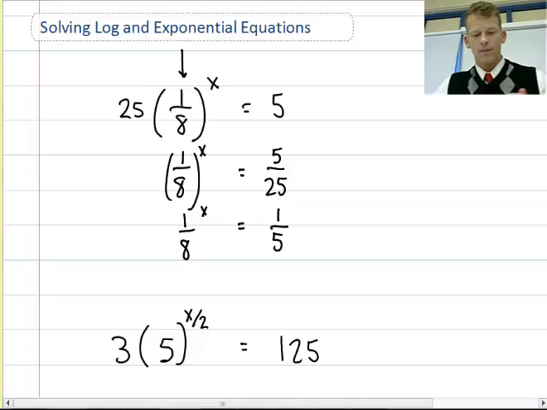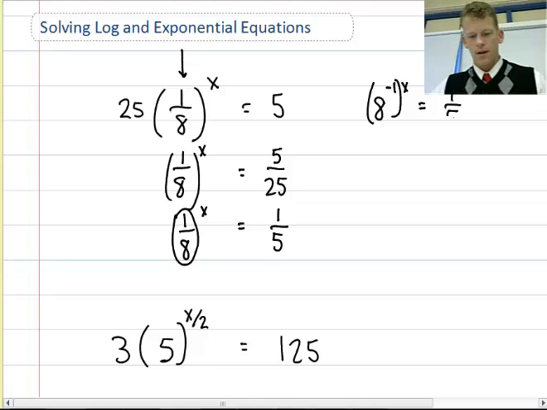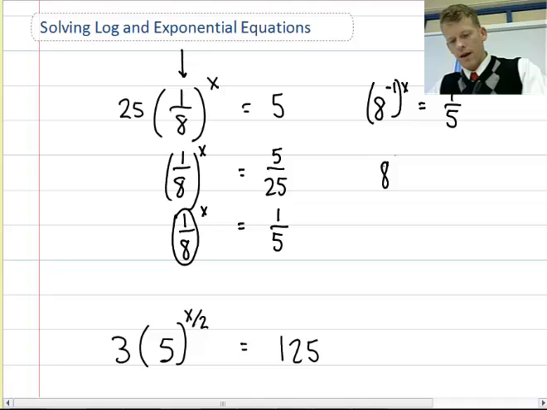So what I'm going to do is rewrite this in terms of a base 8 exponential. So this will become (8^-1)^x equals 1/5. I'm going to then rewrite this as 8^(-x) using properties of exponents.